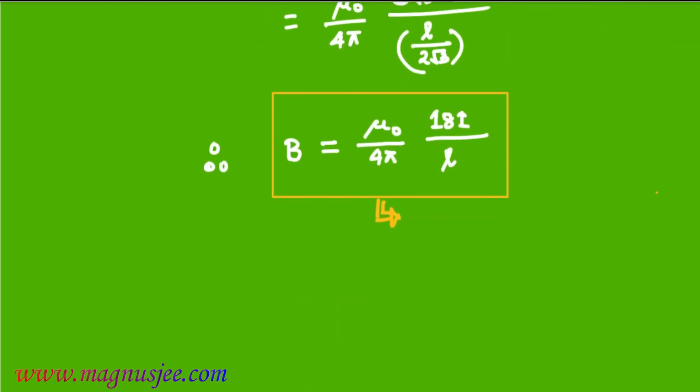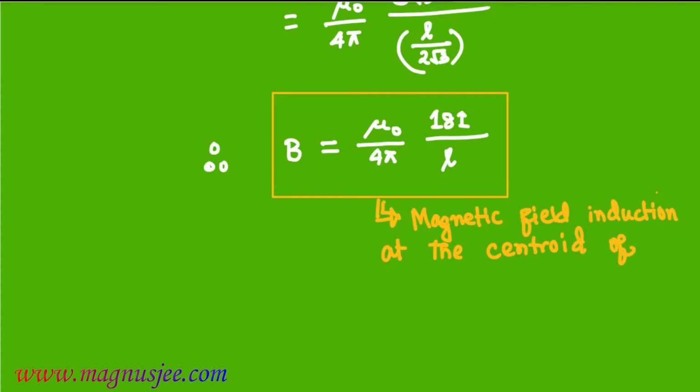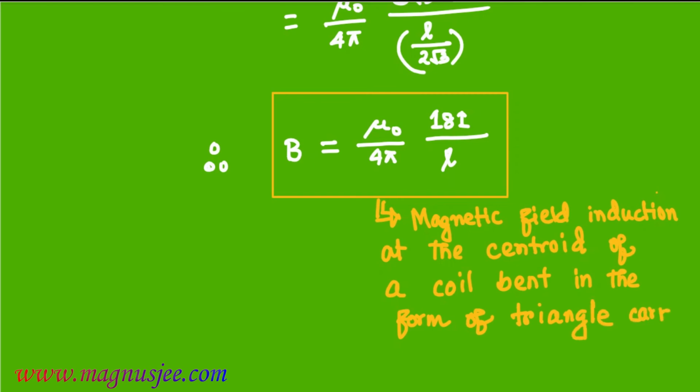We get B as mu 0 by 4 pi 18I divided by L, which is the magnetic field induction at the centroid P of a coil bent in the form of a triangle carrying current I.